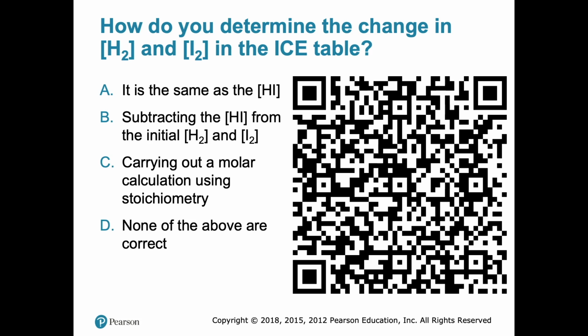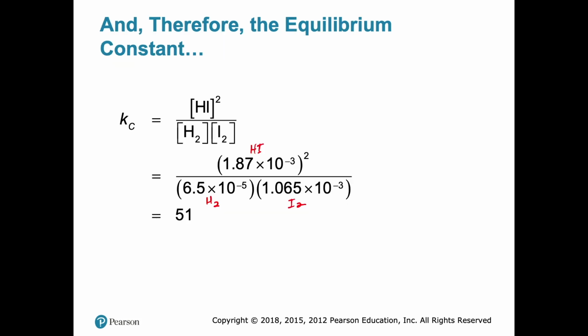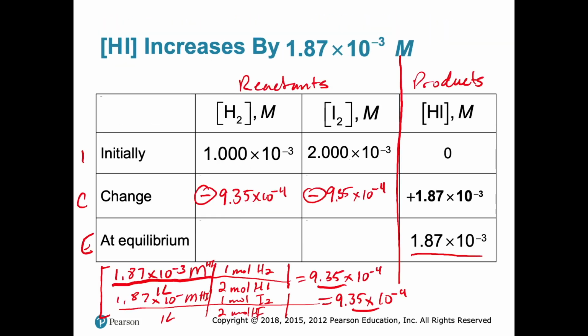All right, so here's the distribution. All 4 colors are present right now, but that's okay. The vast majority of you got that one correct. The answer is in fact C, because if you recall from the previous slide, to get the change in I2 and H2, you had to go through your molar calculation using stoichiometry.